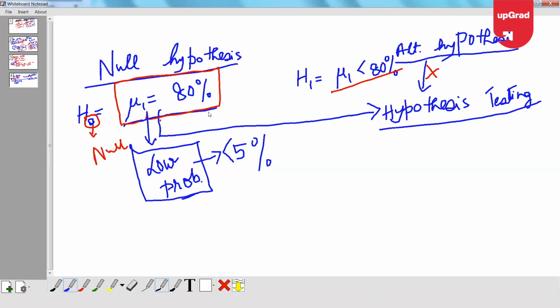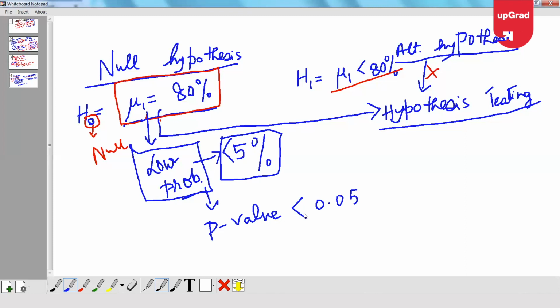Now, if you recollect what we had learned in our previous videos, this probability is also denoted as p-value, which means this p-value should be less than 0.05.